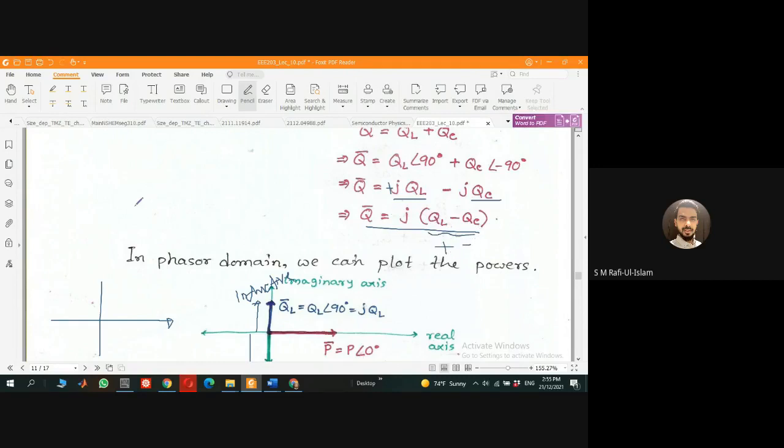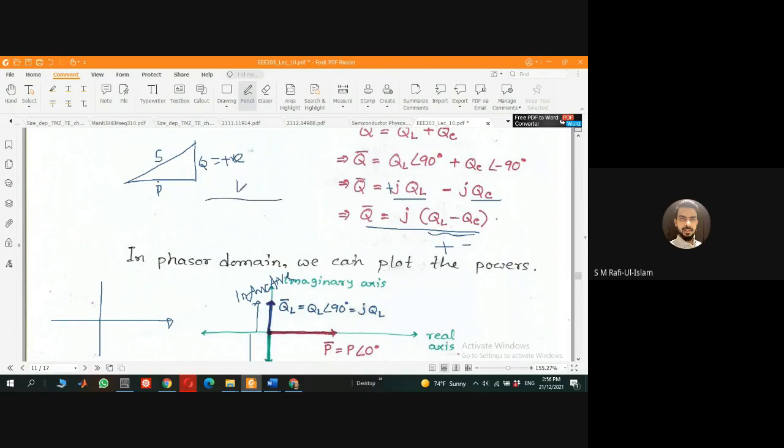So if this value is plus, then the whole reactive power is plus, and the circuit would be like this. This is P, this is Q, means Q is a plus quantity, so the whole thing will work as an inductive circuit, and we will draw it like this.